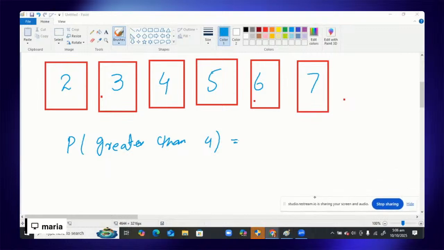This is very easy. First of all, what do we do? We count the total number and then we check how many numbers are greater than 4. Then you put it on the top. Tell me, everyone, how can we write it?